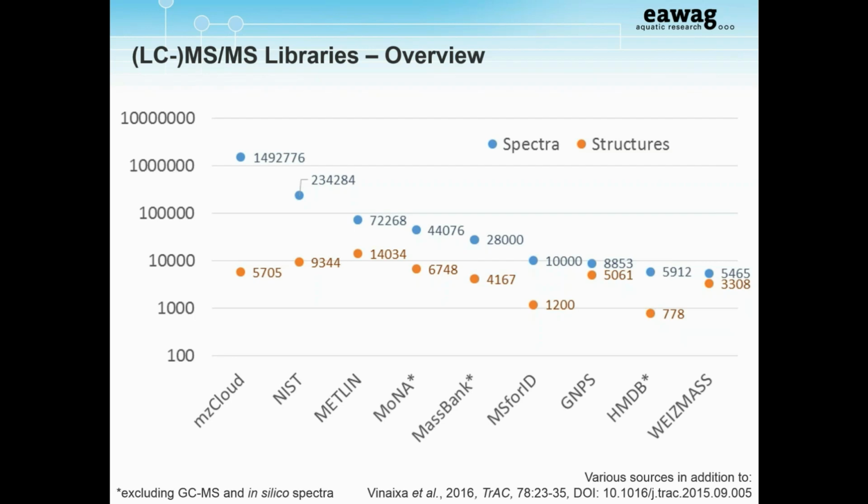Some of these libraries are very dynamic and growing by the day. Also, it is very hard to break down the number of structures in a comparable way between these databases. For a lot of them, you can access the structure list and properly compare the substances. For some of them, you can't. So take these numbers with a grain of salt. They are indicative. I've done my best to compile them in a fair way, but these could change very rapidly.